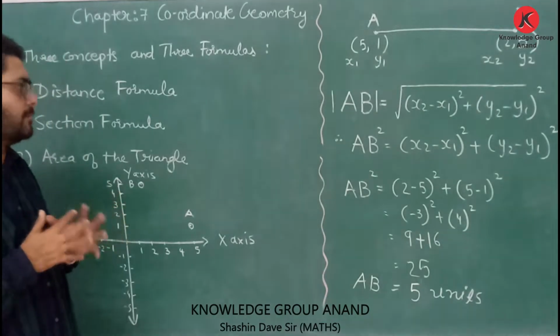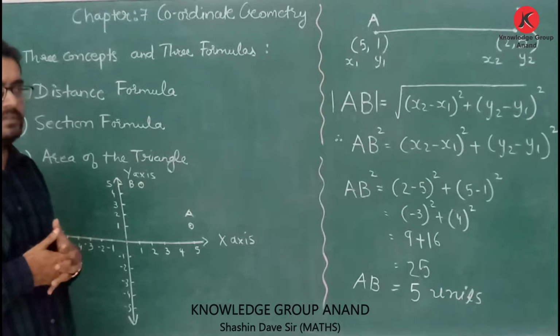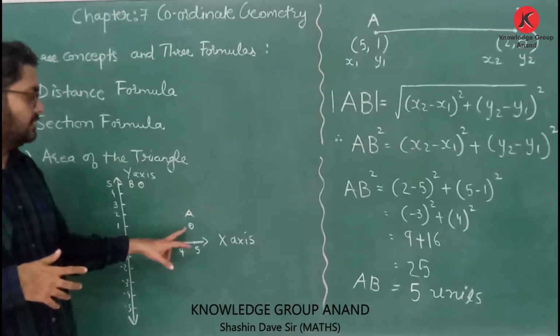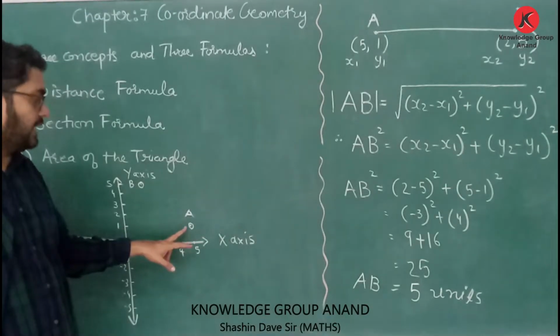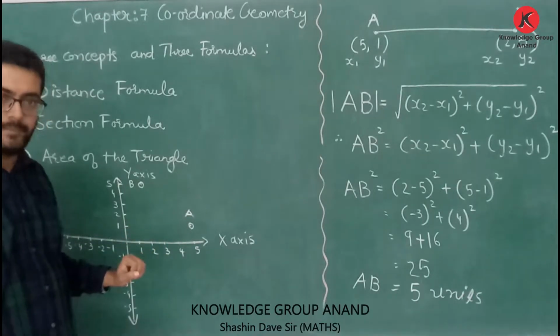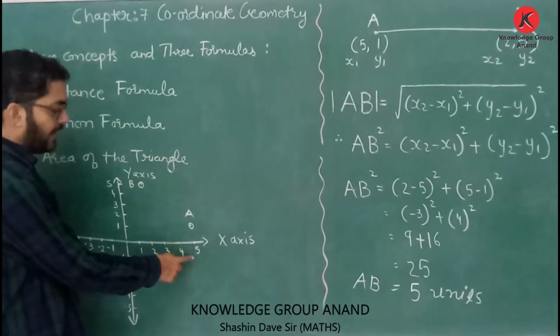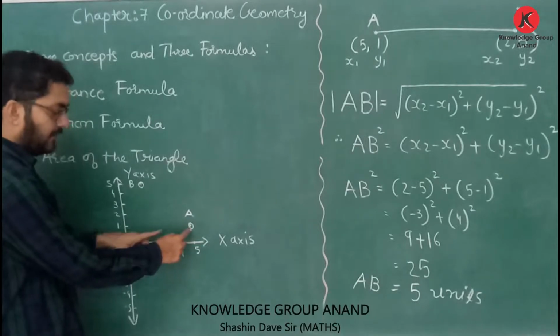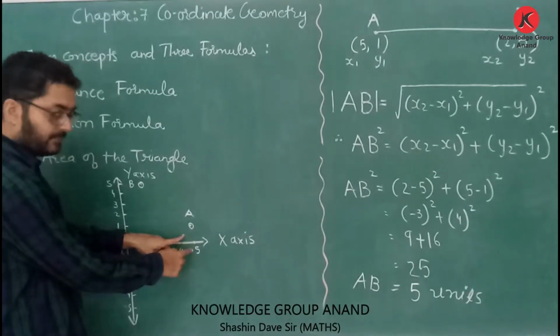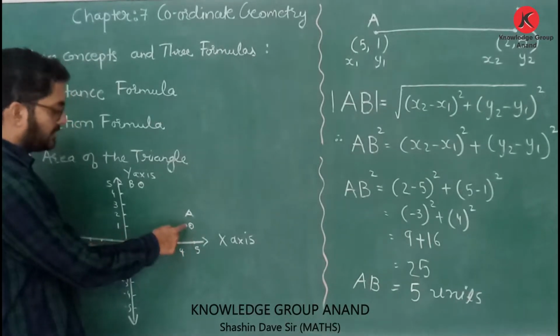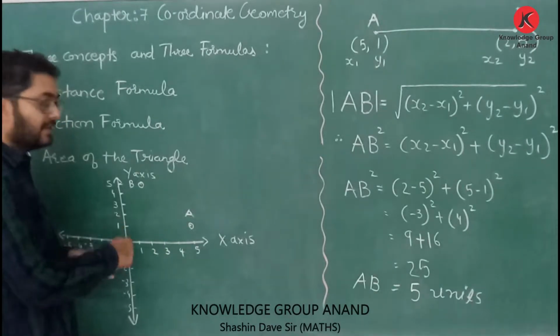So suppose I take the coordinates of A. आप देखेंगे तो A के जो coordinates हैं उसका X coordinate है 5 और Y coordinate है 1. If you extend this point on x axis, it is 5, and if you extend on y axis, it is 1.